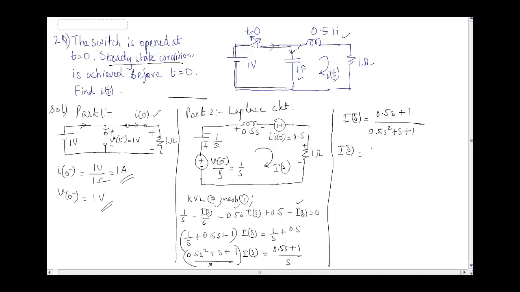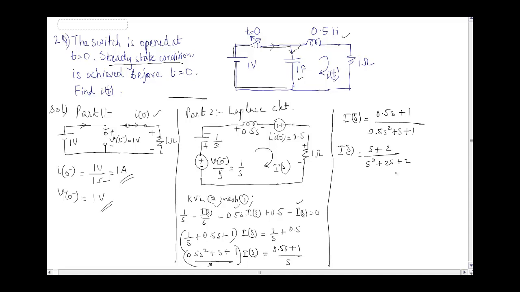Once I take 0.5 outside, I will get s plus 2 divided by, when I take 0.5 commonly outside, this becomes 2, then here I will get s square plus 2s plus 2. Exactly.